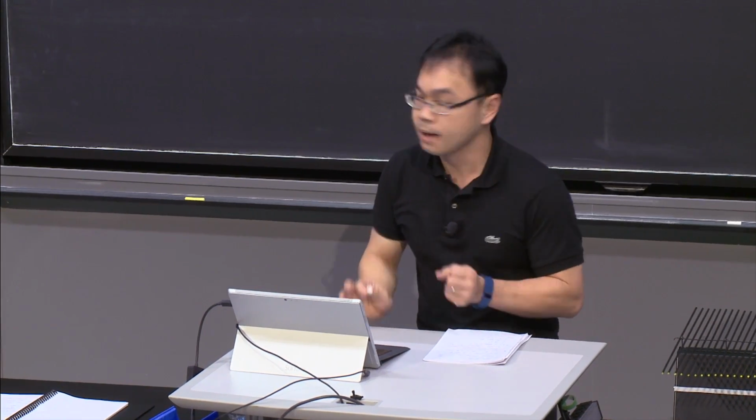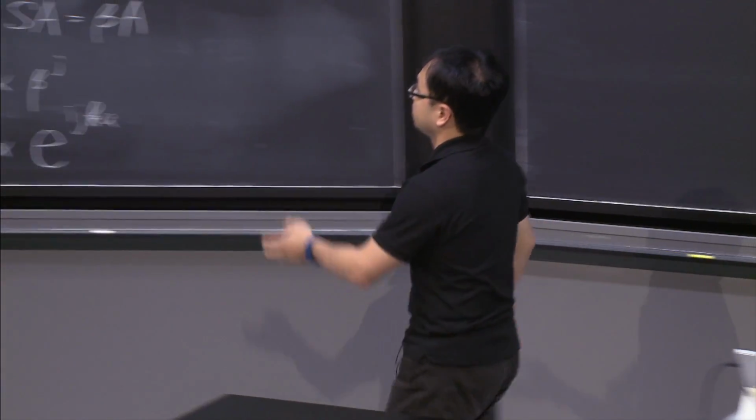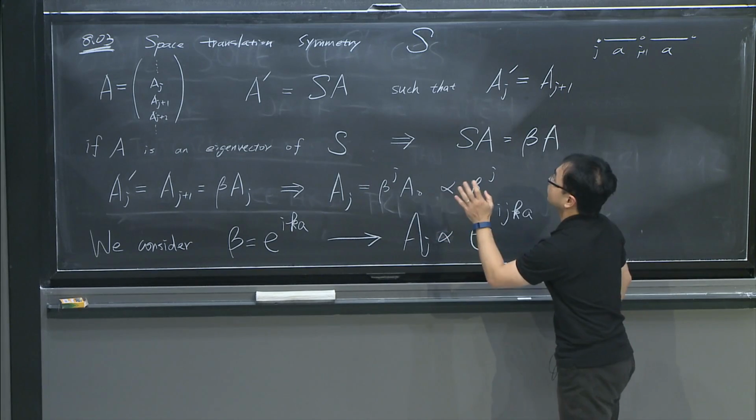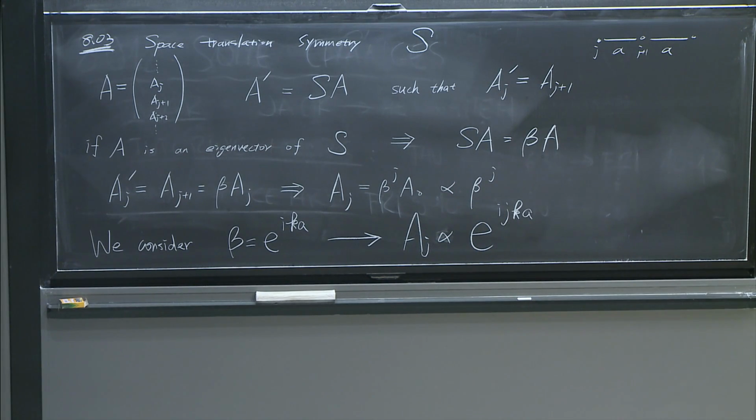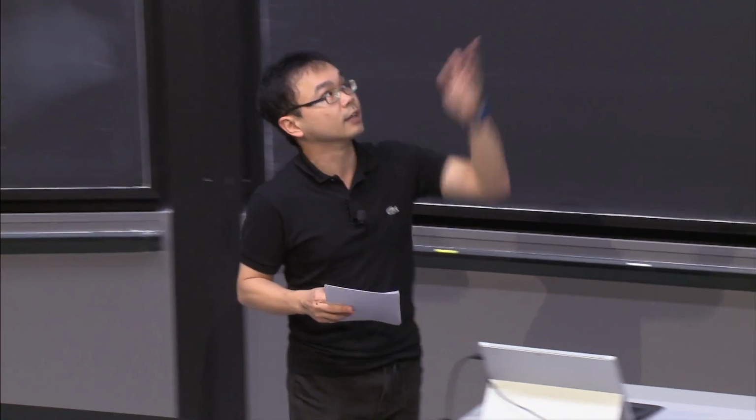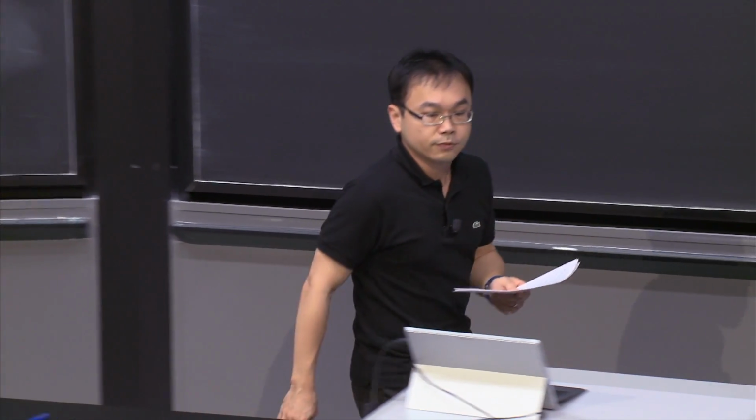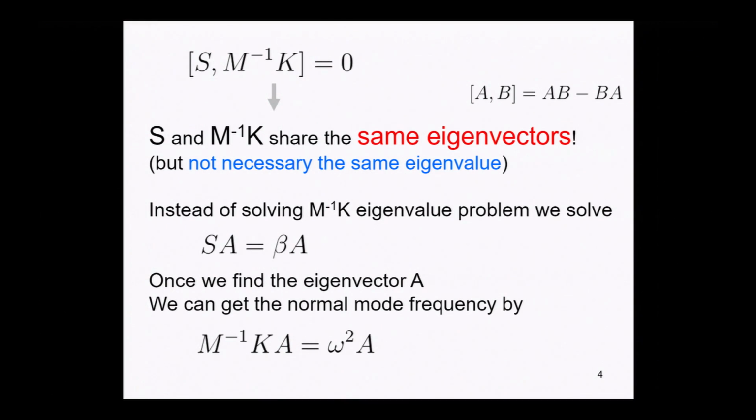So once we have solved the eigenvalue problem for the symmetry matrix S, as we discussed before, if you look at the slides, if S and the M^-1 K matrix commute, commute means that you can swap S and the M^-1 K matrix when you multiply them together.